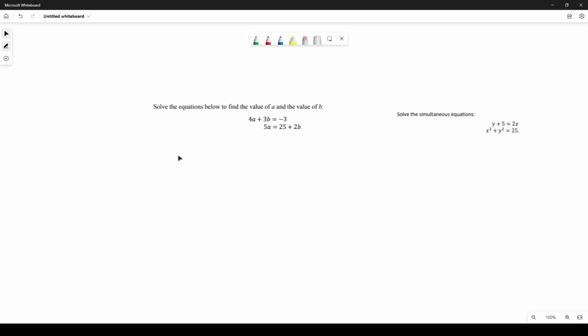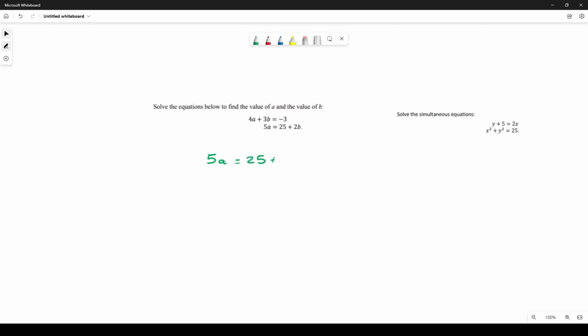So what we have to do is, before you even start these questions, you need to make sure they're in the same kind of order. So you'll notice the first one is a, b equals number, so we're going to want to change the second one into that before we even start. And the way we do it is we use our algebra and just bring the 2b over the other side of the equals, like we normally would if we had just gotten that line separately as its own question.